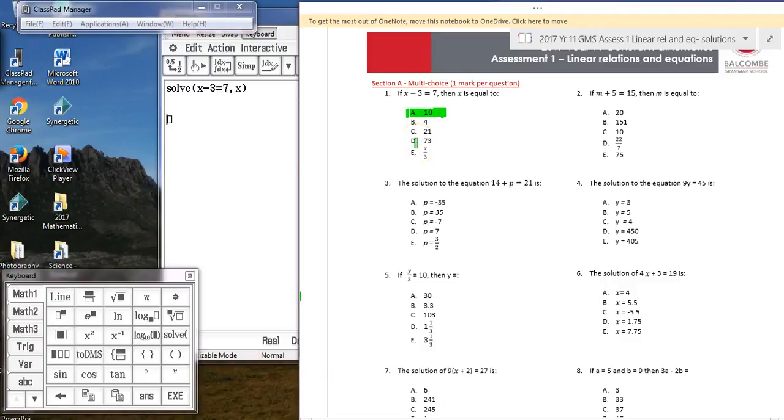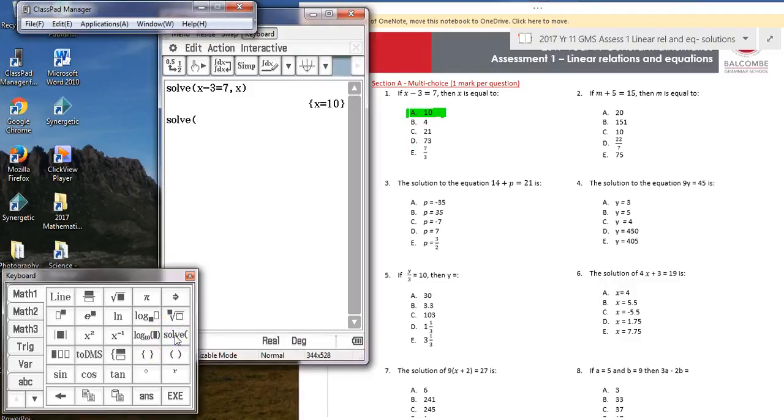Okay, the next one is m plus 5 equals 15. And again, in this instance, we're trying to find m, so we put in that is our variable, hit enter, and our answer is again 10.